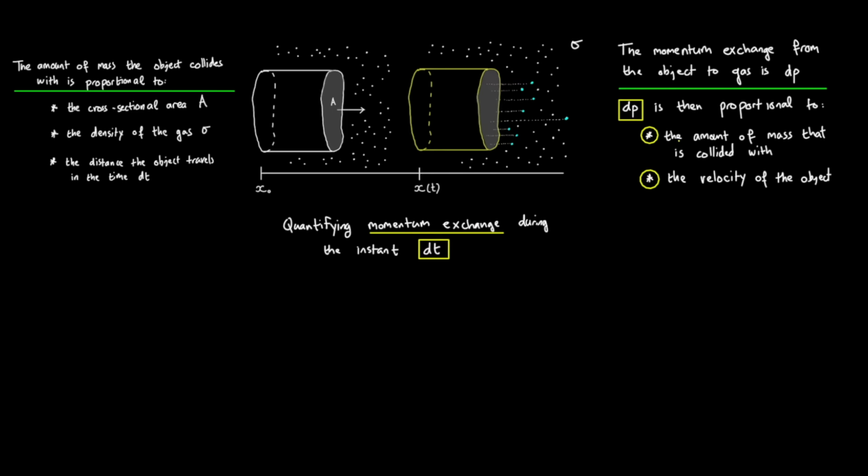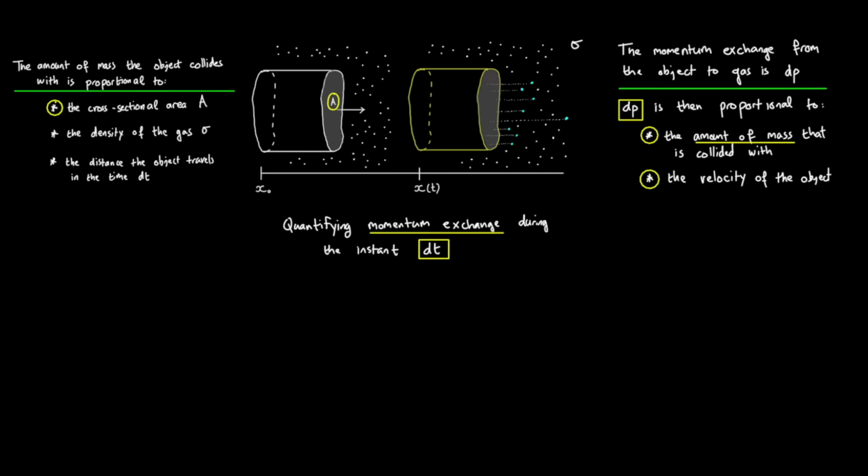Where it gets interesting is that the amount of mass that the object will collide with is itself going to be proportional to several factors. Firstly, the cross-sectional area is going to be important. The bigger this area is, the more particles it's going to collide with, and so this is one of the reasons for this proportionality here.